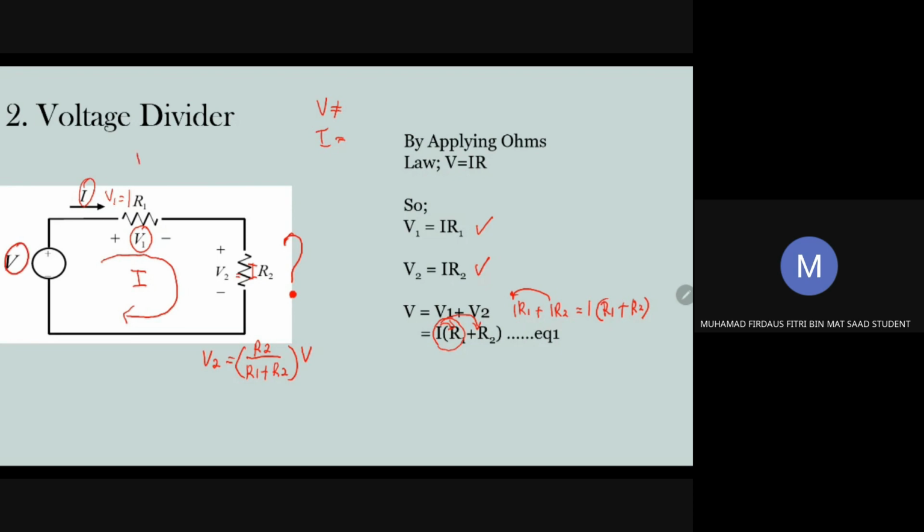If you want V1, it is R1 over R1 plus R2 times the voltage supply. So actually this is all about the formula for the voltage divider. The calculation that I showed you is where the formula comes from. Are you clear, everyone?